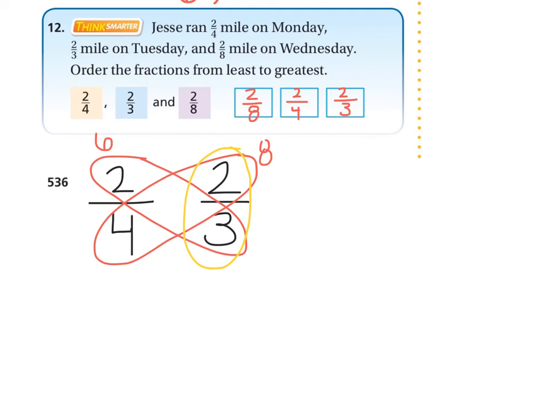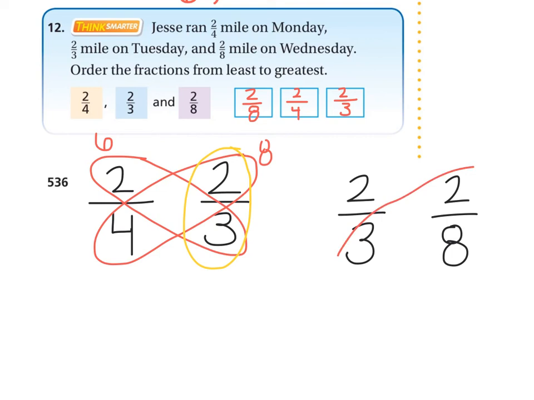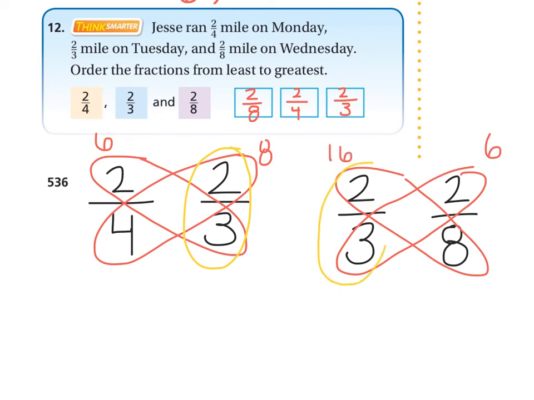So now let's take that 2/3, they were the winner of that battle, and let's compare 2/3 with our final fraction, 2/8. So we draw the butterfly wings. 3 times 2 is 6. 8 times 2 is 16. 2/3 is bigger because 16 is bigger than 6.